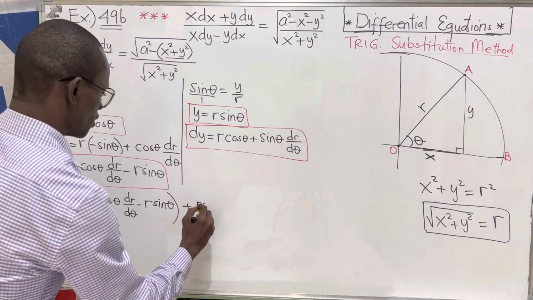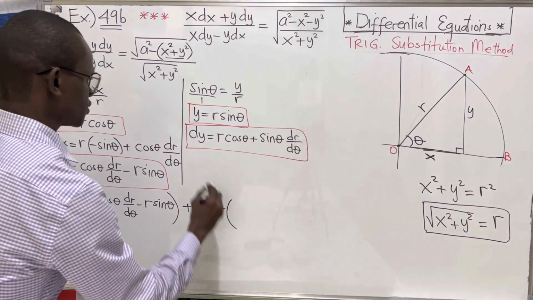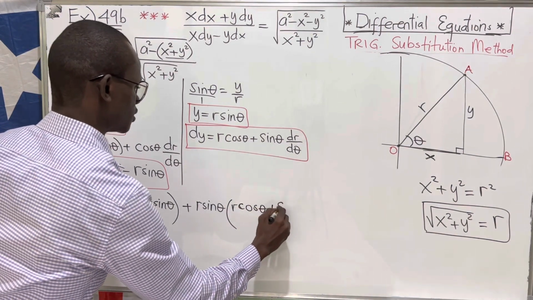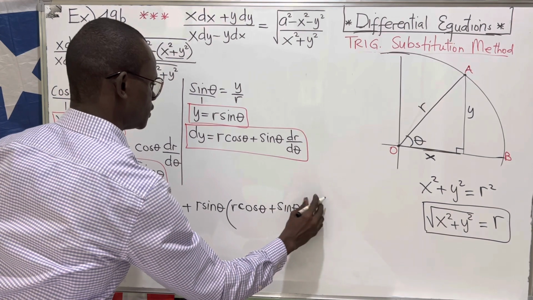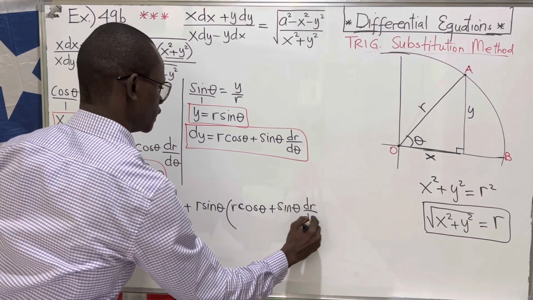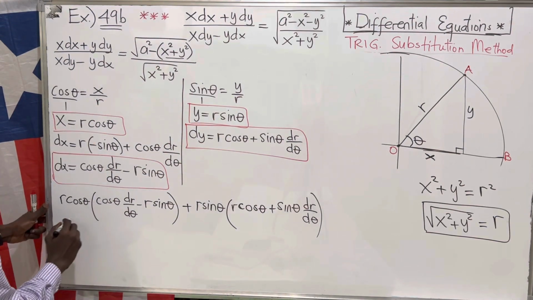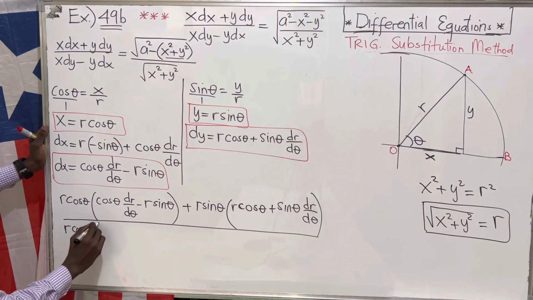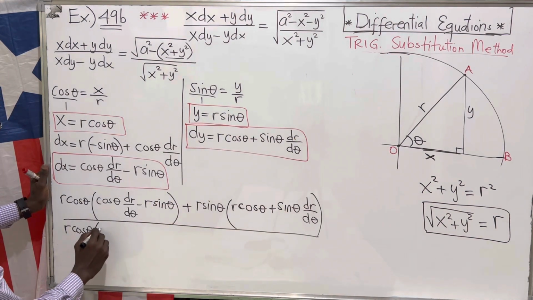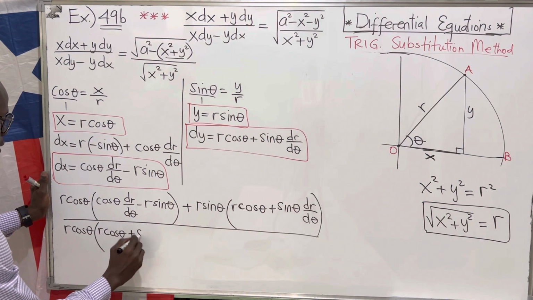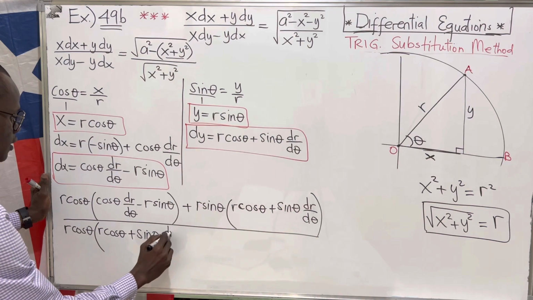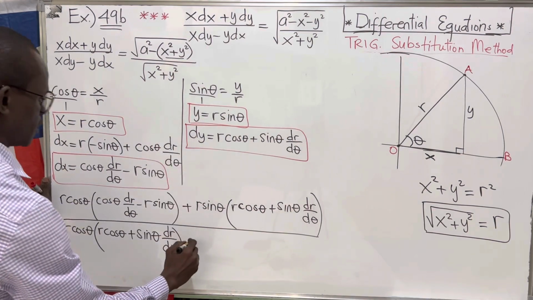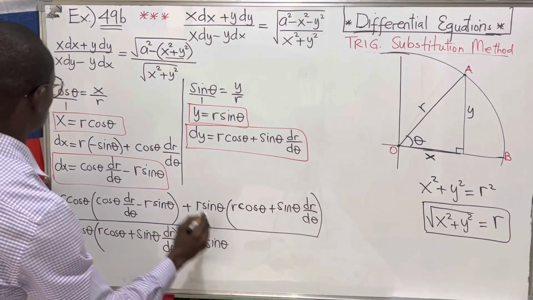This is y, r sine of theta times r cos of theta plus sine of theta, the dr over d theta, divided by x. x is r cos of theta. dy is r cos of theta plus sine of theta, the dr over d theta, minus y, r sine of theta.